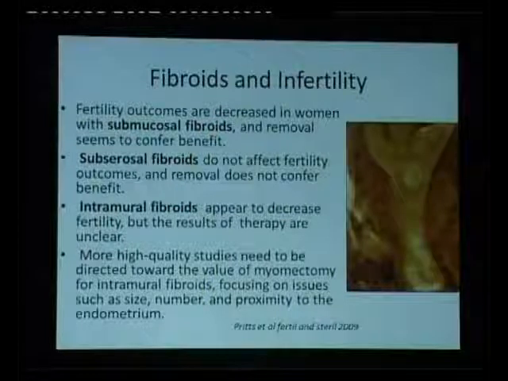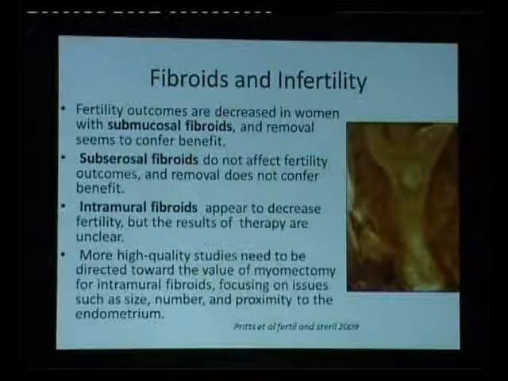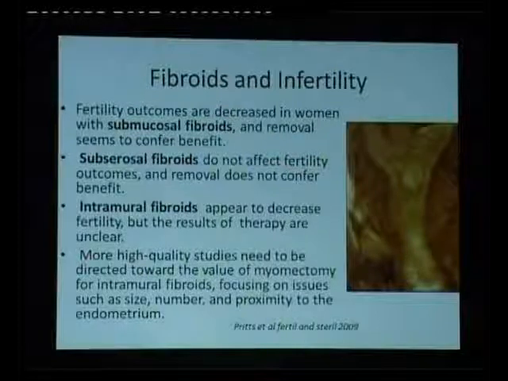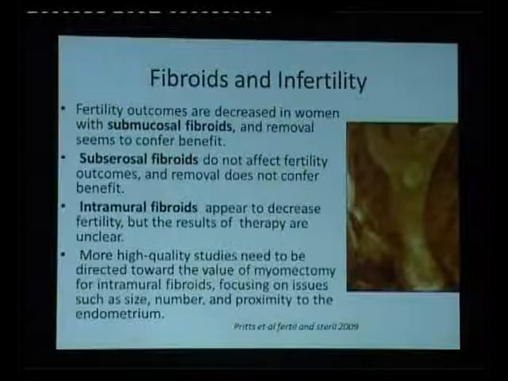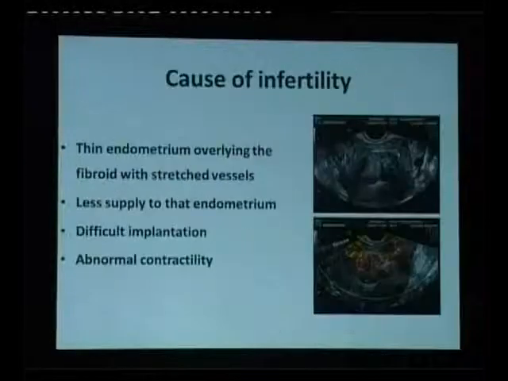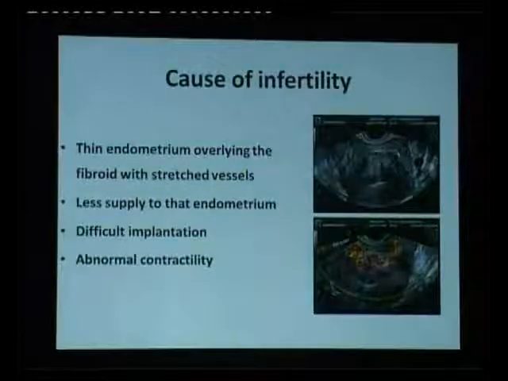Intramural fibroids again appear to decrease fertility, but the results of the therapy are not very clear. So we really need to do a lot of studies especially on the intramural ones. The ones we have said definitely decrease fertility are the bigger ones. Now, what could be the causes of infertility in these?